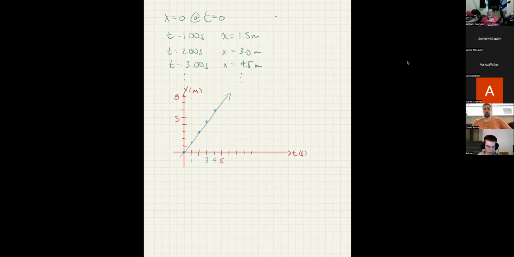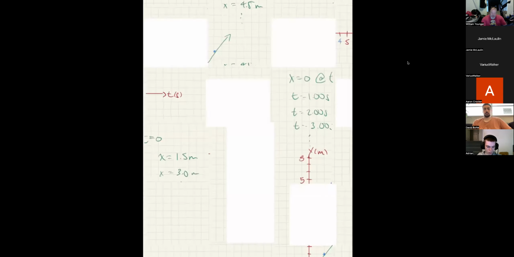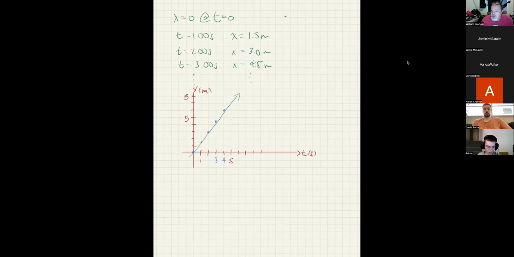The only time you get a curved x as a function of time, or a curved position as a function of time, is when there's actual acceleration. And that acceleration you might not have a good feel for right now, but just know that it means your velocity is definitely changing.